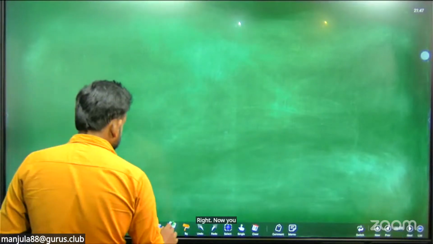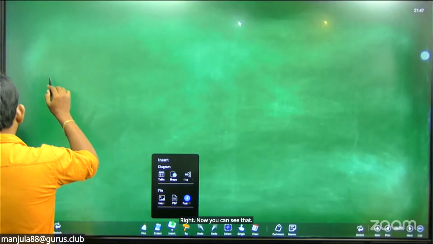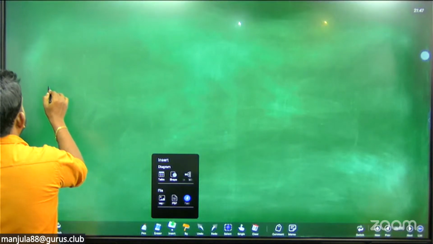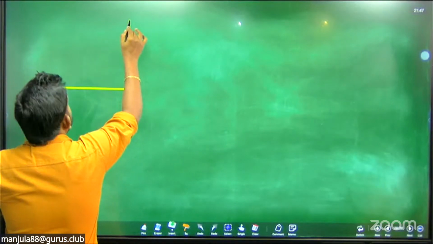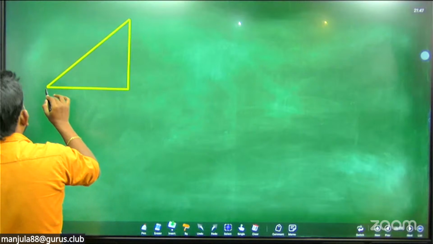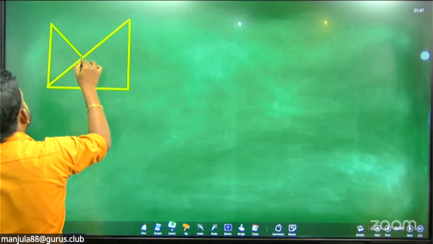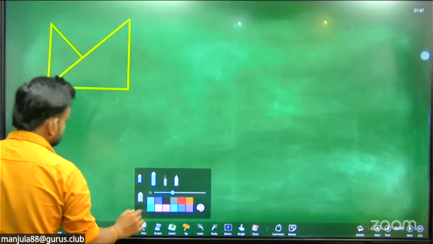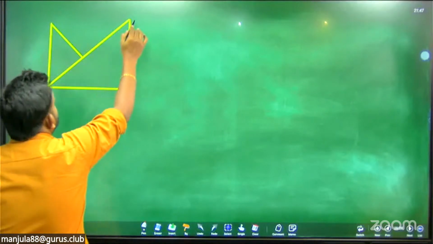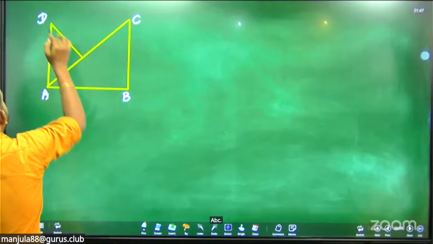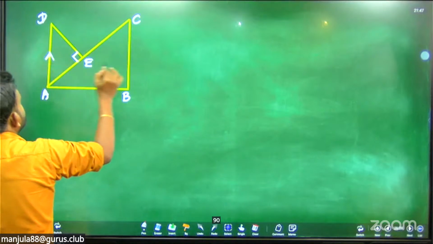Now you can see ABC, DE, 90 degrees, and these two lines are parallel.